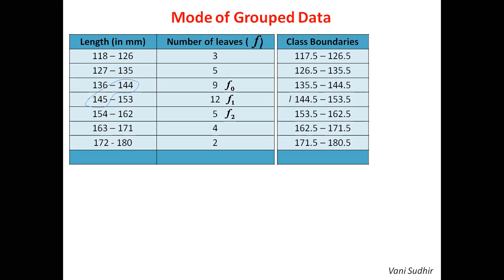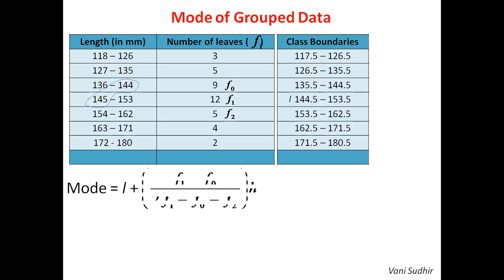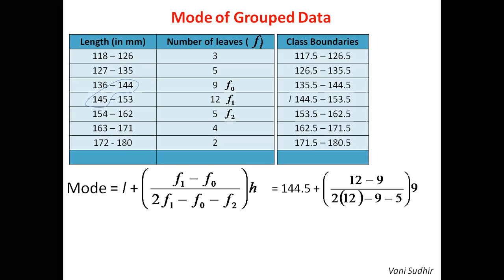Now the formula for the mode of grouped data we have discussed earlier. You have to write that and substitute the values. L is 144.5, F1 is 12, F0 is 9, F2 is 5. In the numerator, 12 minus 9 is 3. In the denominator, 2 times 12 is 24, minus 9 minus 5 is minus 14, so 24 minus 14 is 10.